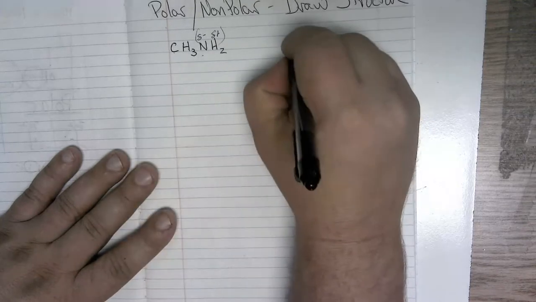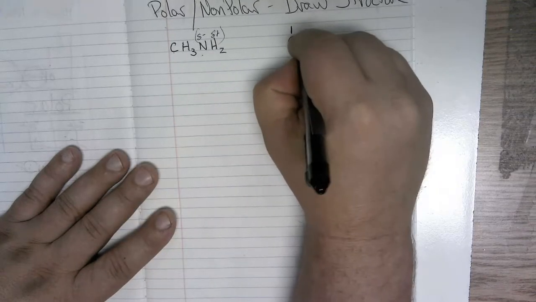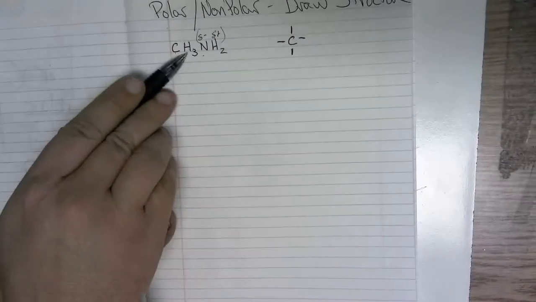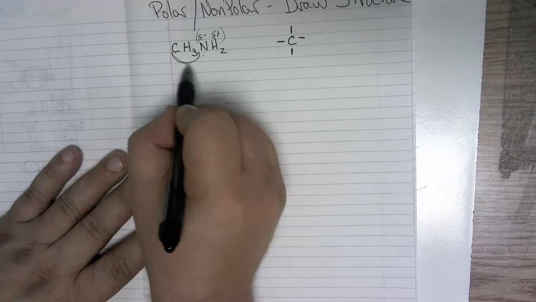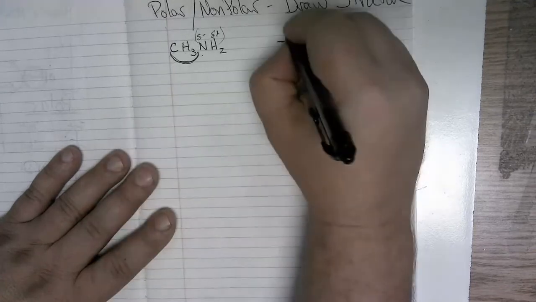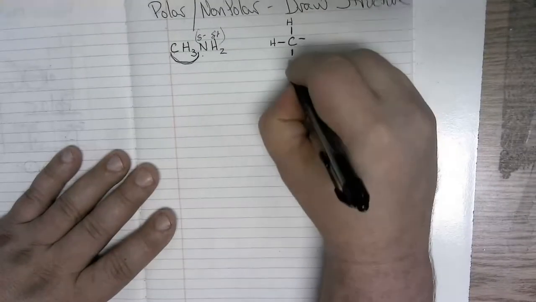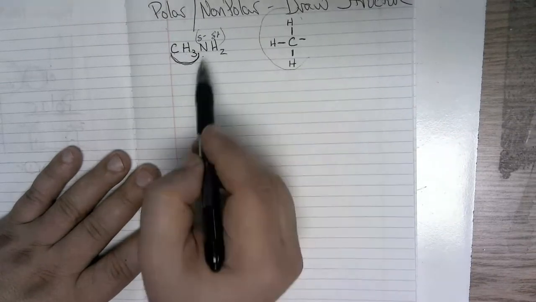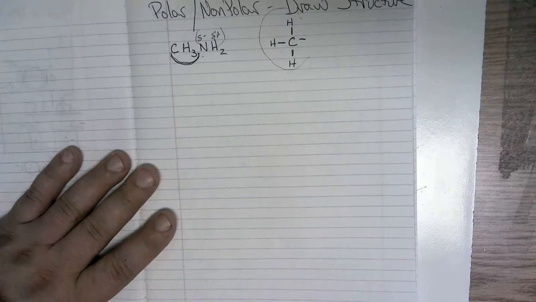Carbon always has 4 connections, like this. If I see a CH3, I know that 3 of the connections to carbon are already H's. This structure matches CH3.